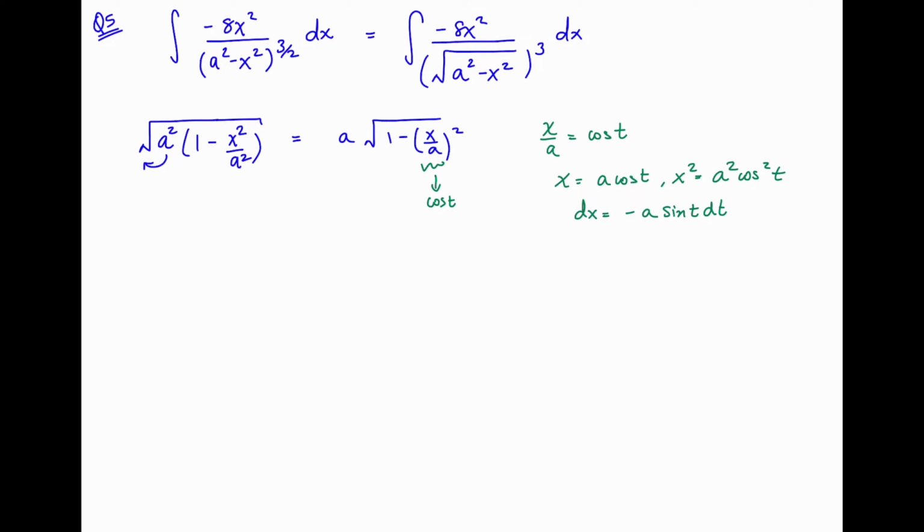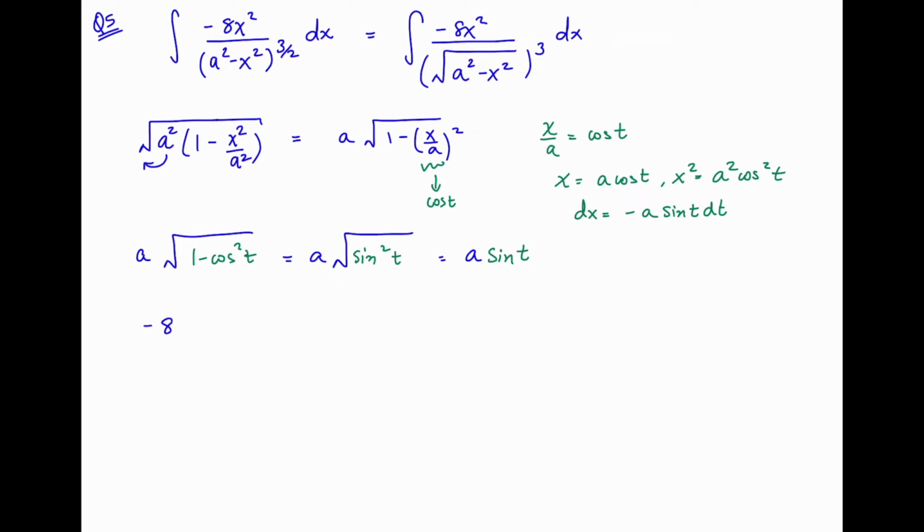Let's see what this simplifies to first. By this time, you already know what this is going to turn out to be. Okay, so now it's time to put everything back into the integral and do further simplification.